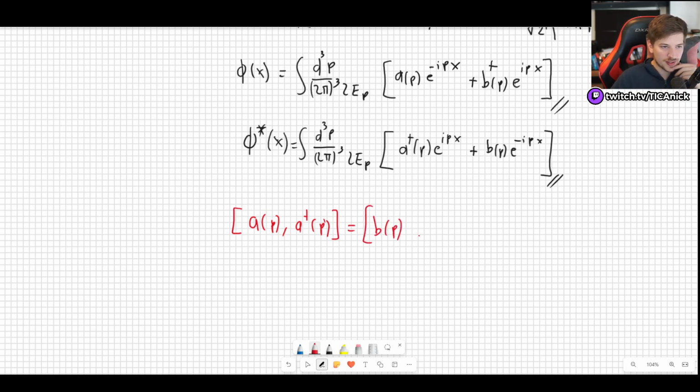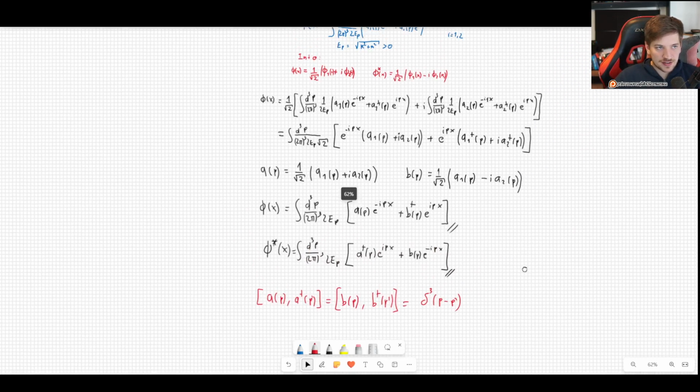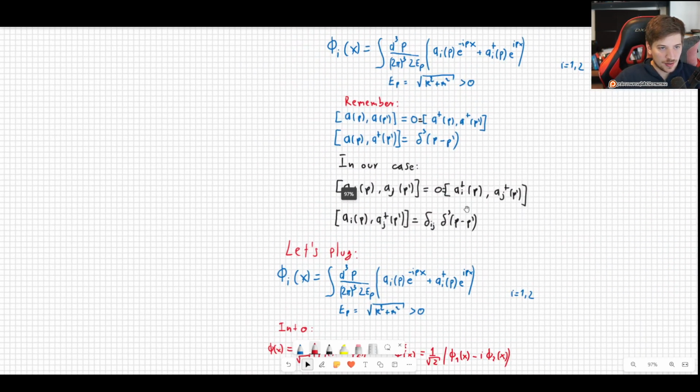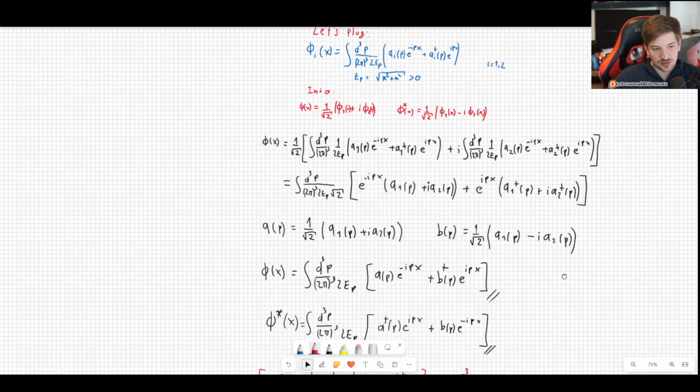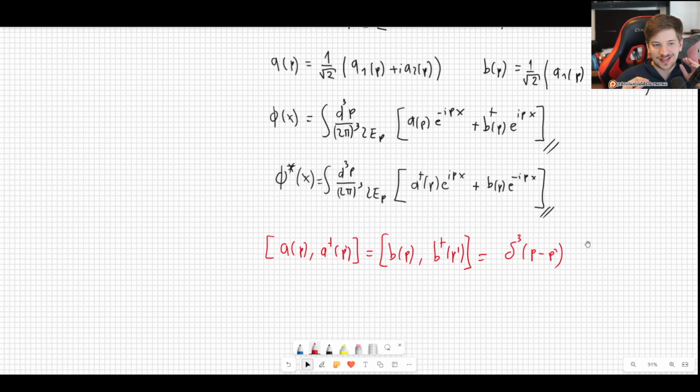We already saw this before, but I just want to write this explicitly and make sure it's understood because we are going to need this. Every other combination is 0, so keep that in mind.